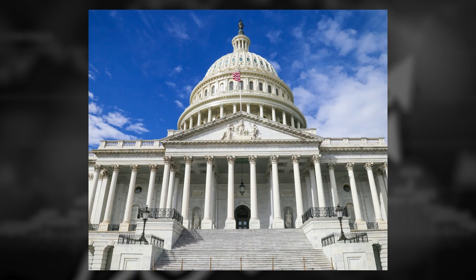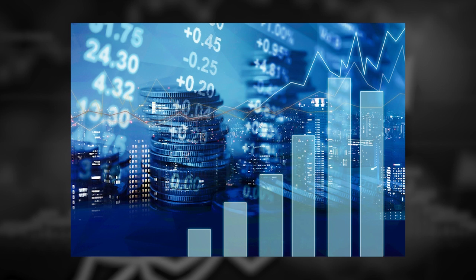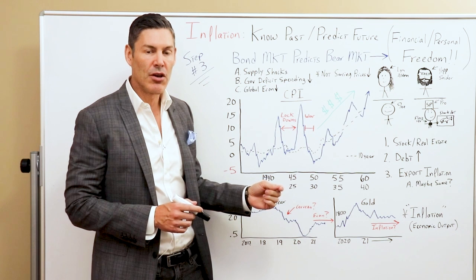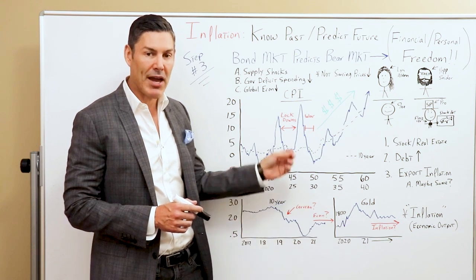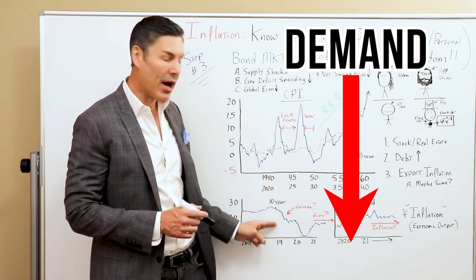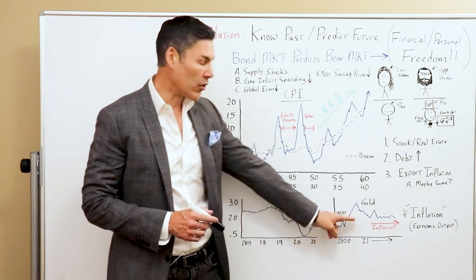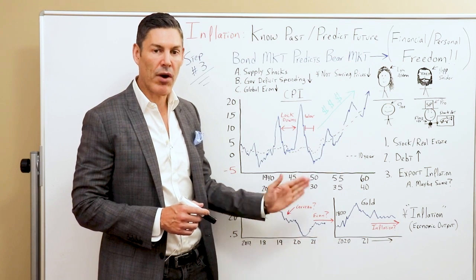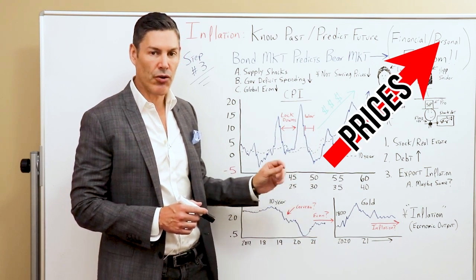So if the government comes in and distorts the economy to the degree in which they distorted the economy in 2020 and 21, then we could see this environment where, although we do have demand going down, predicted by the bond market and the gold market, the supply of stuff goes down even further. Therefore, prices continue to increase.